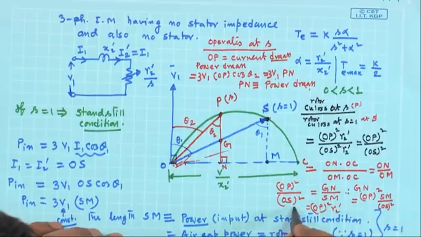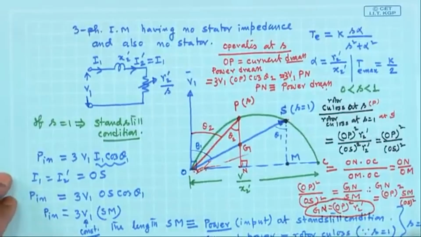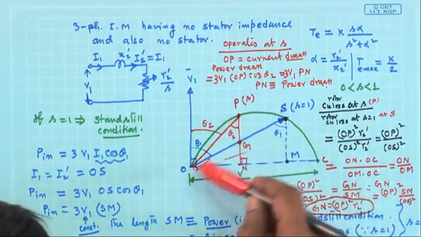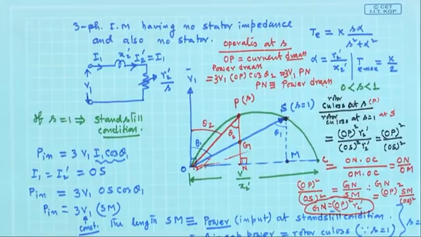Therefore, this is equal to GN. Capital SM, this length, represents the rotor copper loss at slip equal to 1. Capital GN is OP square into R2 dashed, which represents the copper loss at slip S.